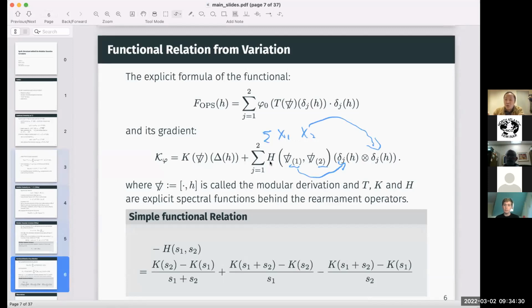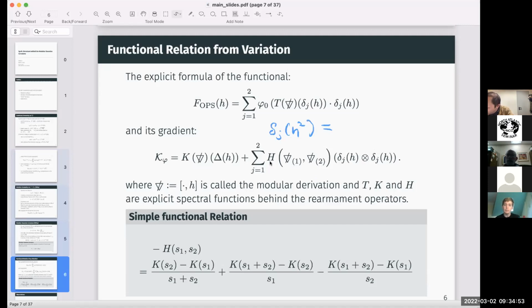It appears due to the fact that the derivative of H and H itself do not commute. Let me do some very quick computations here. For example, if you take the derivative delta J of H squared, you can apply the Leibniz property.